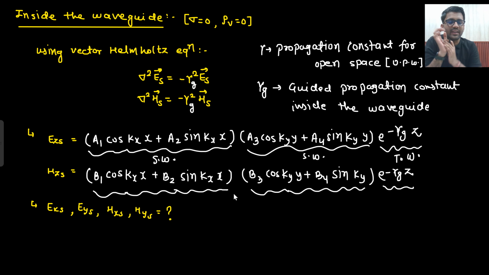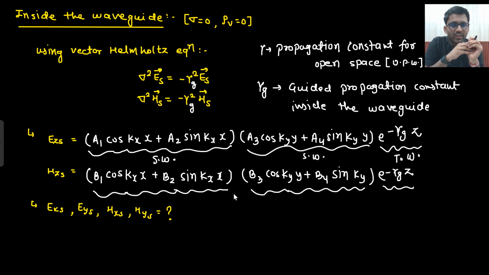All the components it can have. We have written down the equation of EZS and HZS. What is it showing? Standing wave in X, standing wave in Y, both can have sinusoid or cosinusoid components, and the wave is traveling in the positive z direction, e to the power minus gamma g z. Same goes for the magnetic field.